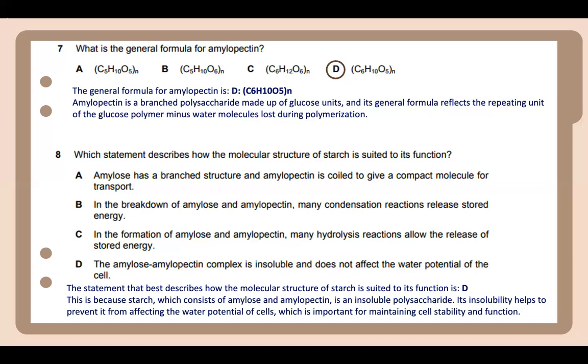This is because starch, which consists of amylose and amylopectin, is an insoluble polysaccharide. Its insolubility helps to prevent it from affecting the water potential of cells, which is important for maintaining cell stability and function.